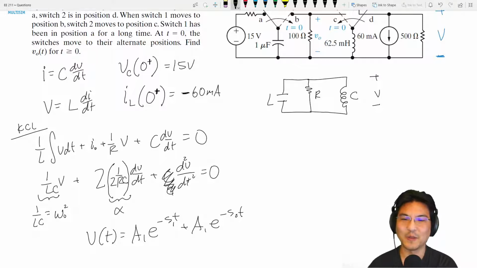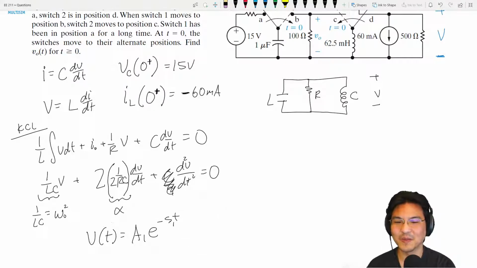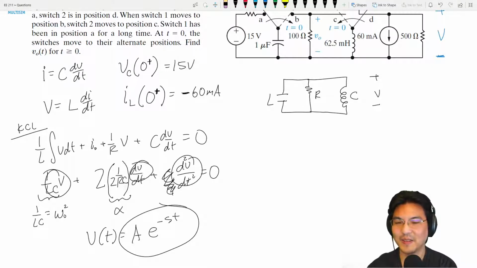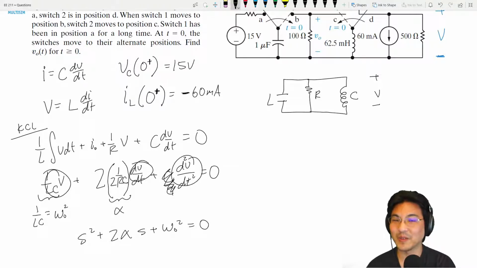And then if you substitute this solution, let me just write it generically, some generic solution like this, and then plug this in here and here and here, then you're going to get this, which is the characteristic equation, which is a quadratic.